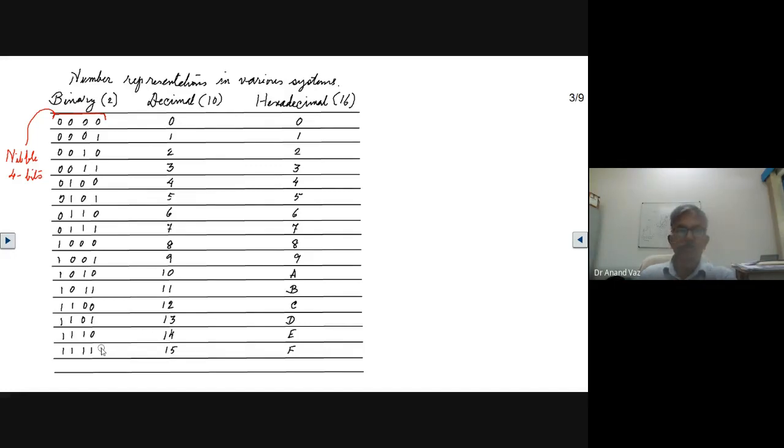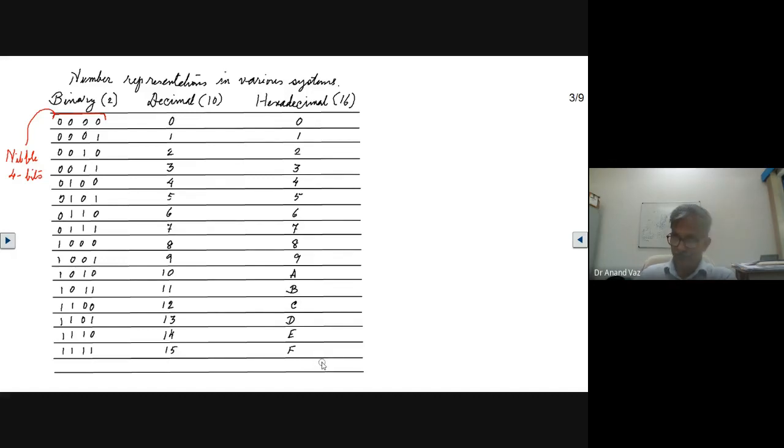So this is your representation in the binary domain. And this is the corresponding representation in the decimal domain. And this is the corresponding representation in the hexadecimal domain.